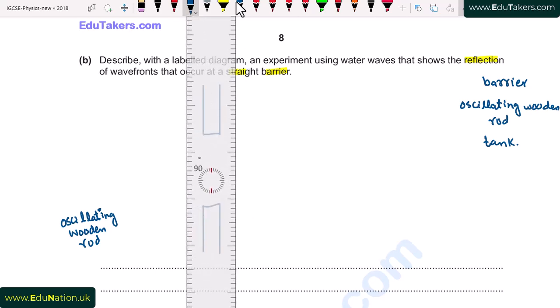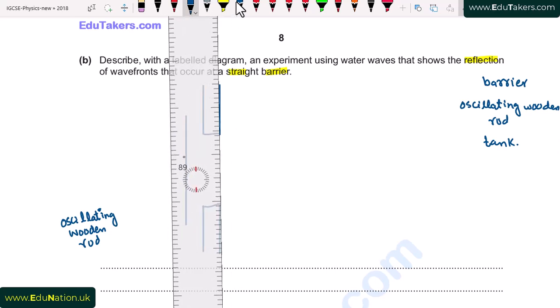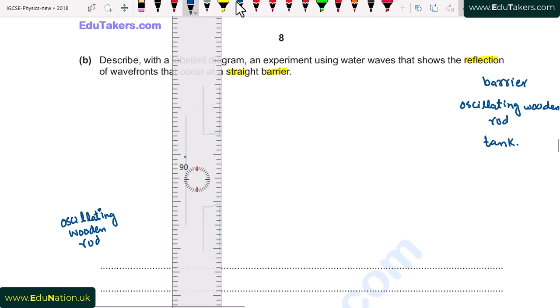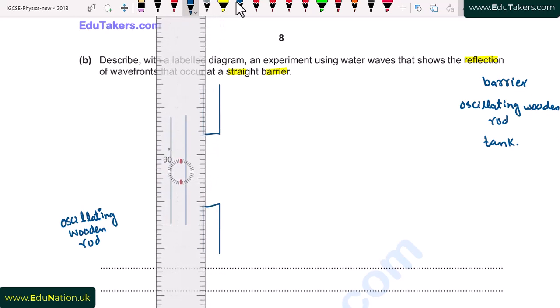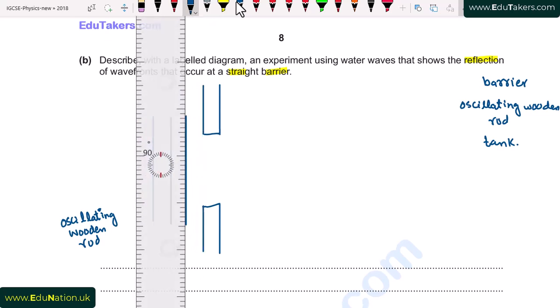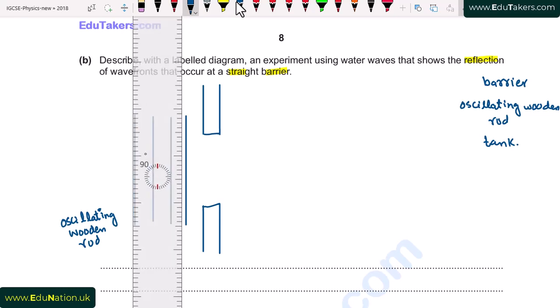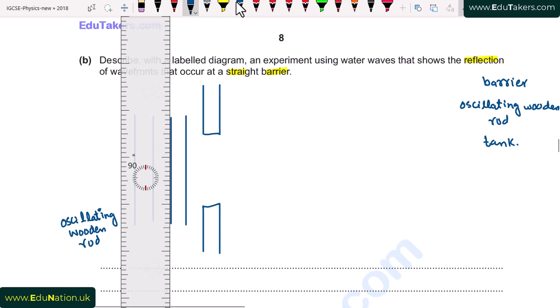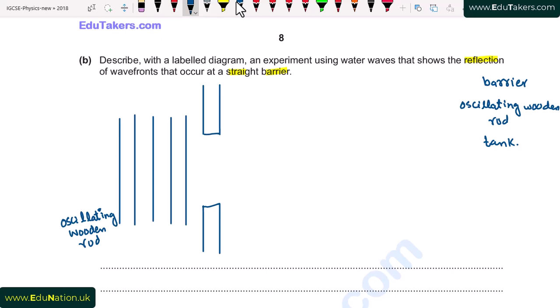So there will be the water waves. These water waves are generated by the oscillating wooden rod.